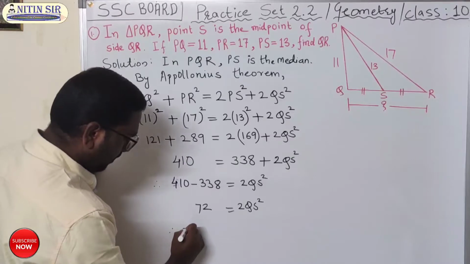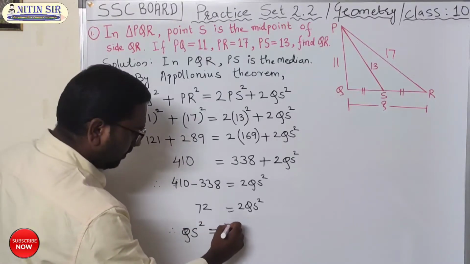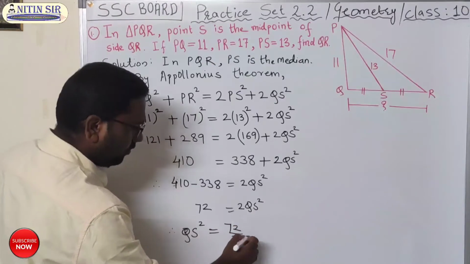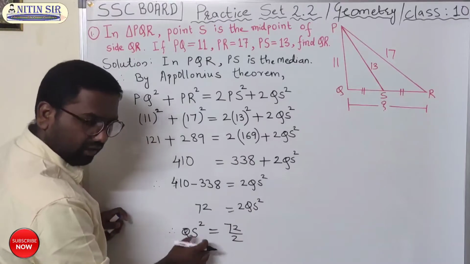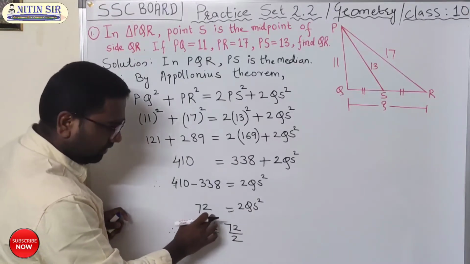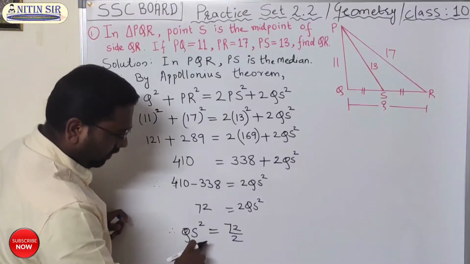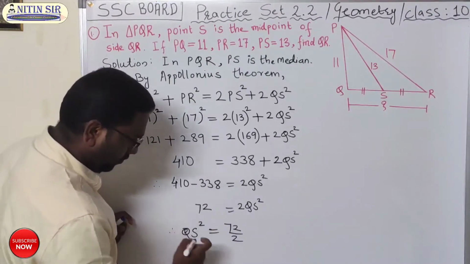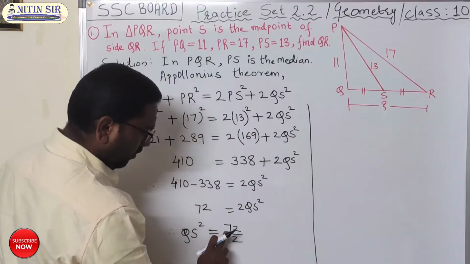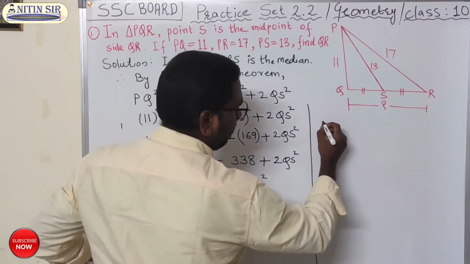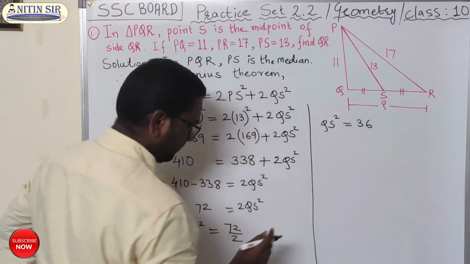Therefore QS square is equal to 72 upon 2. I have taken QS square on this side and 72 as it is. The 2 when it comes to this side will divide 72. So QS square is equal to 72 upon 2. Therefore QS square is equal to 36.